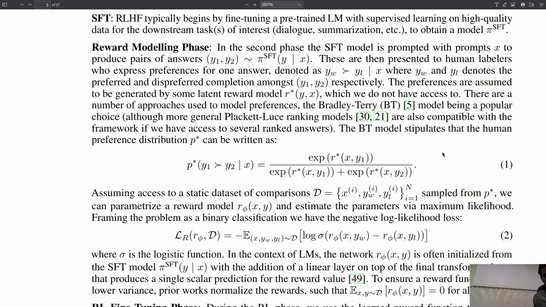That's our preference distribution, so that's the label. 2.71 divided by 3.71 is 0.73. This is numerically what it would become. This is the label, correct? Yeah, that's our label.